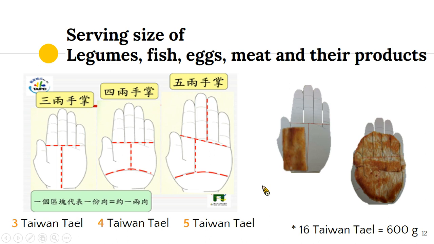Imagine the palm of your hand as a rule for measuring portions. So you must first know what kind of rule your palm is to make an accurate estimate.